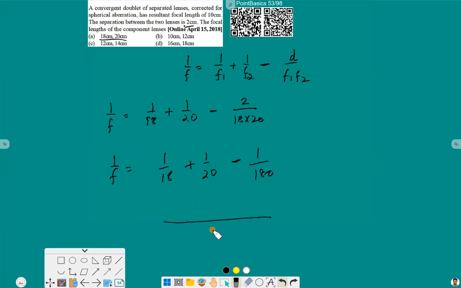And this can be further solved with the denominator 180. This will give us 10, this will give us 9, this will give us 1. So this will be 18 by 180, or equal to 1 by 10. So f will be equal to 10 centimeter, and that is the required value. So option A will be the right answer here.